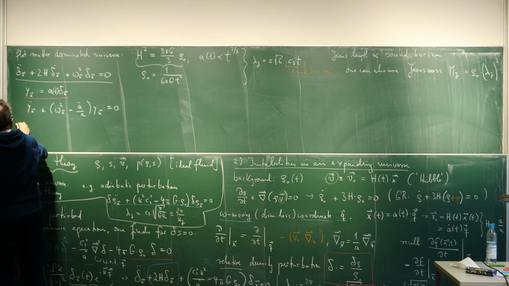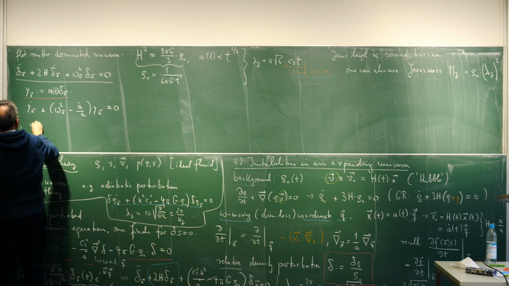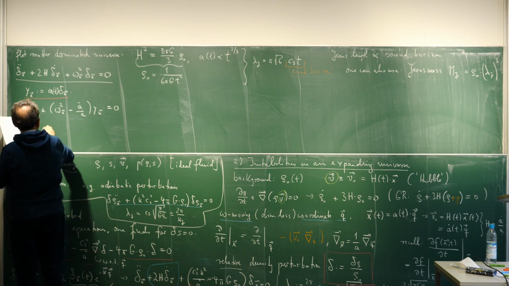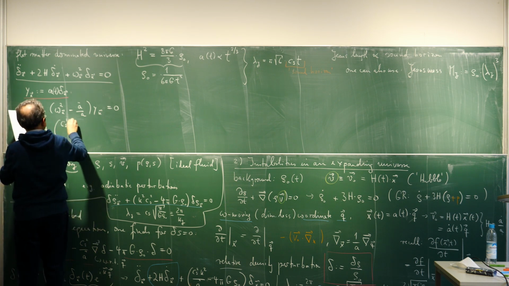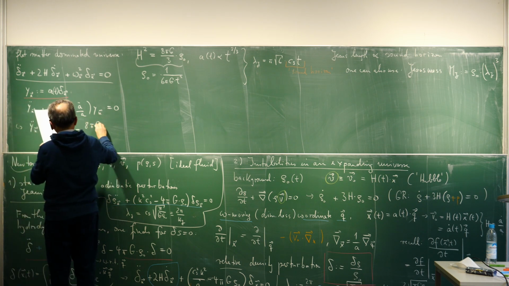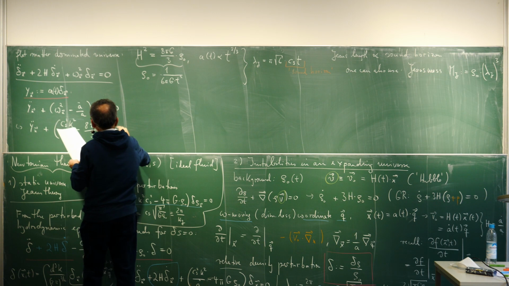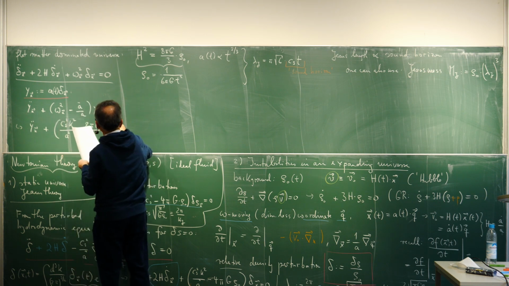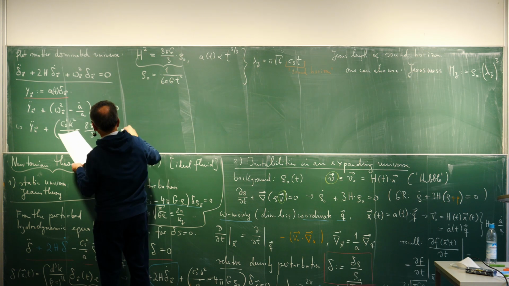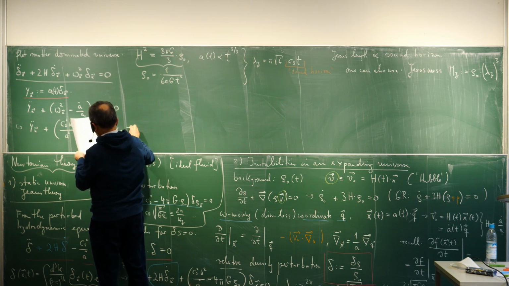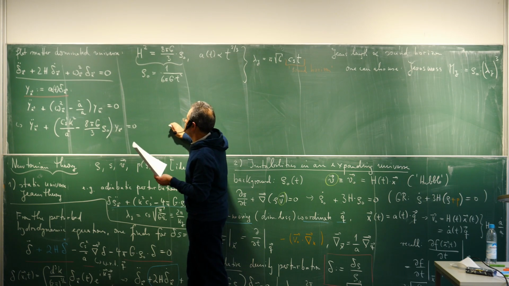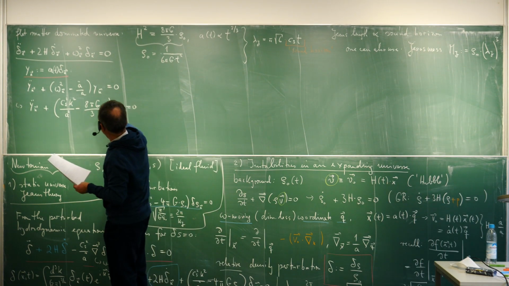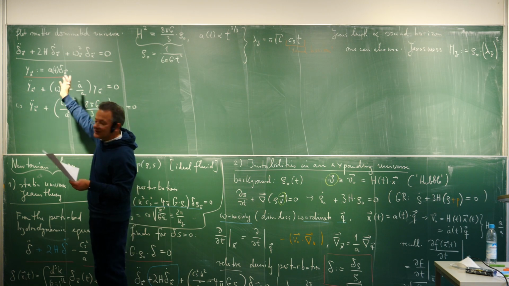If you do that, just convince yourself that you get y_k double dot, and then you have plus c_s squared k squared over a squared minus 8 pi G over 3 rho naught. There are some cancellations and you can combine terms, but you only need what is on that blackboard: y_k equals 0. So you see, very nice. It looks like the old equation, but without the first derivative.